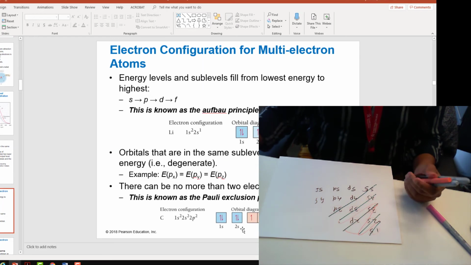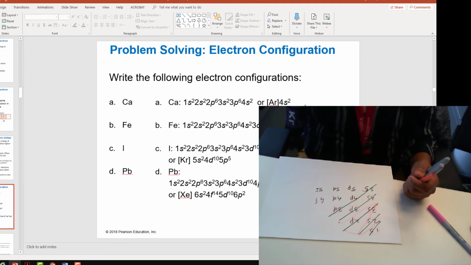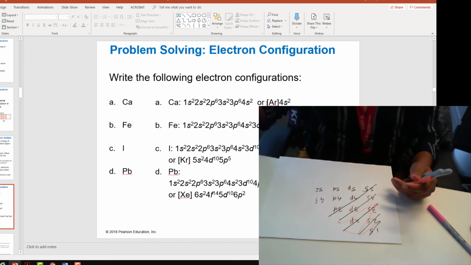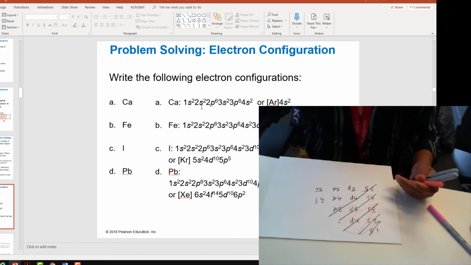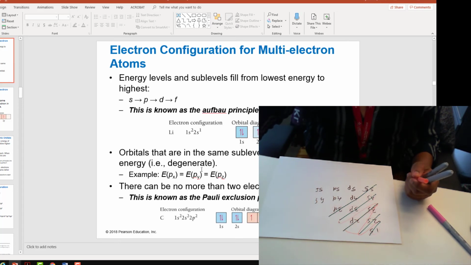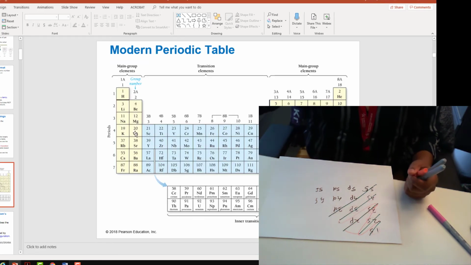Okay, so those are the main things, how to write the electron configuration using this periodic table. There are two ways: instead of writing the whole thing, you can write the closest previous noble gas electron configuration and the remainder. So for calcium, look at the periodic table, calcium is in the fourth period, so you write until fourth: 1s2, 2s2, like that.